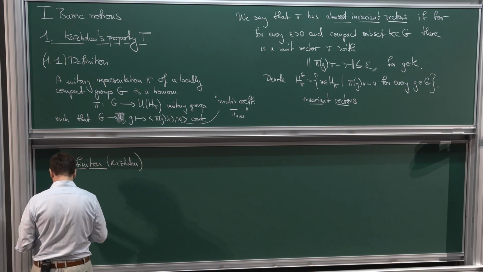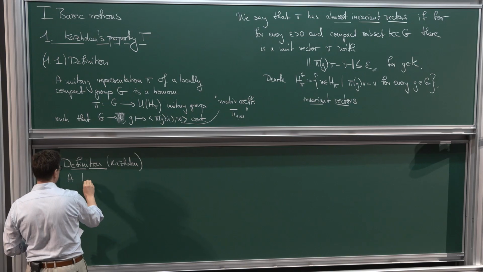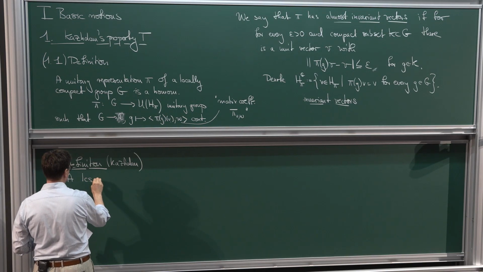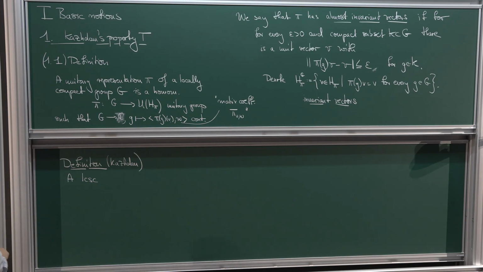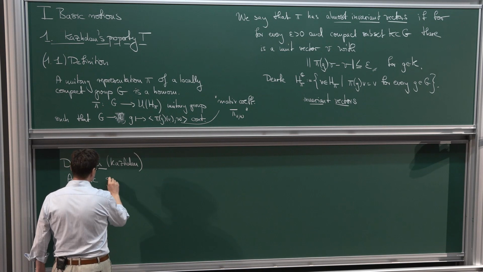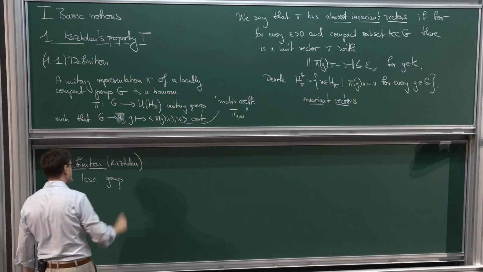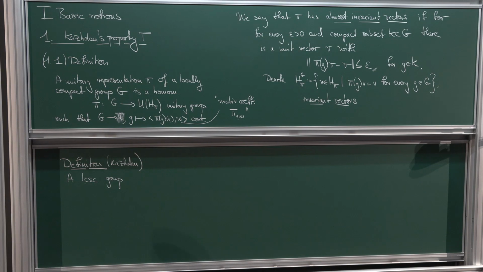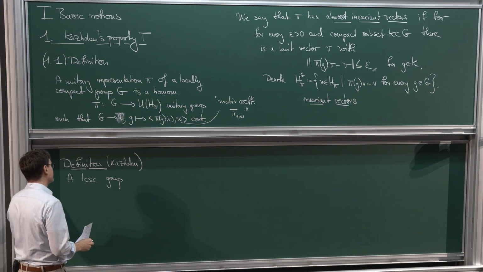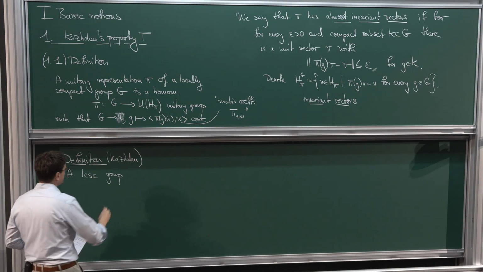It's a property of the group. So let me just write, instead of locally compact, second countable, let me just always abbreviate this with LCSC. Again, most of the time it will be Lie groups or discrete groups or maybe p-adic groups.